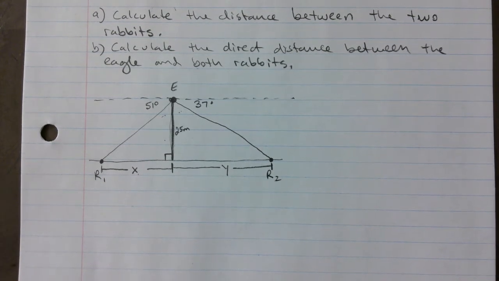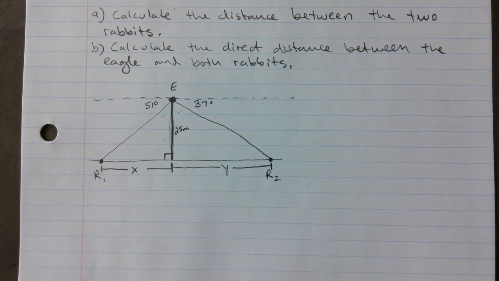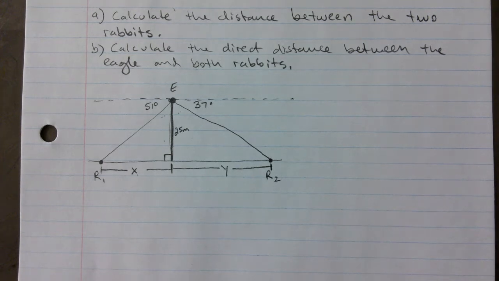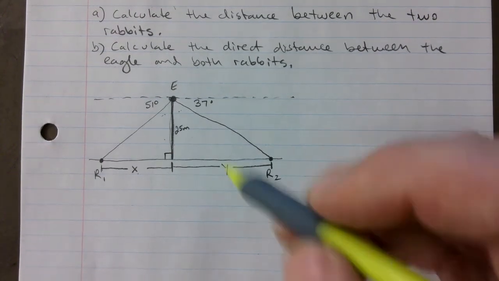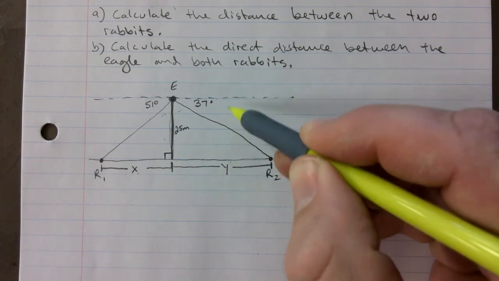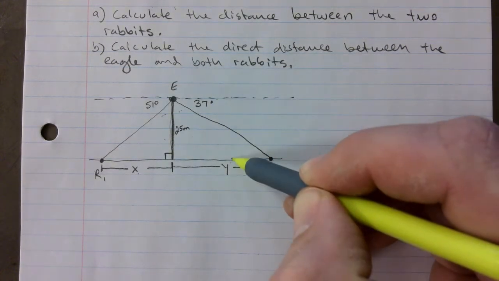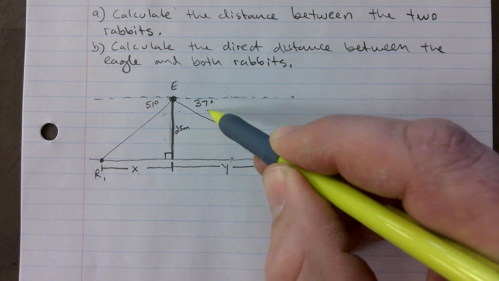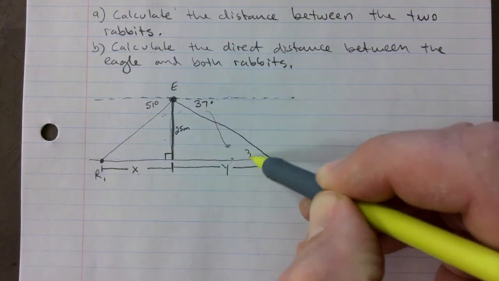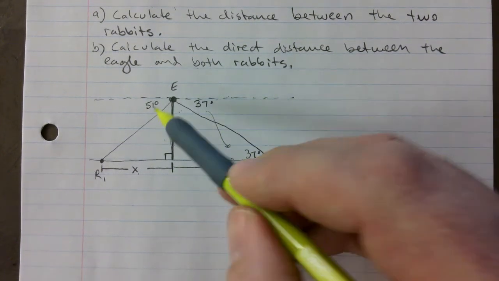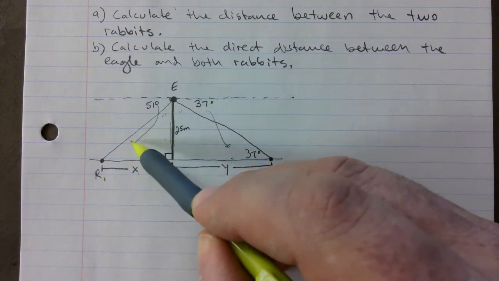And I'm trying to think, there's a couple ways of doing it, but do you see alternate interior angles? You see them? Yeah? It's actually there. This is horizontal, or parallel, to that one. So we can actually write the 37 in here. And we can actually bring the 51 in there.